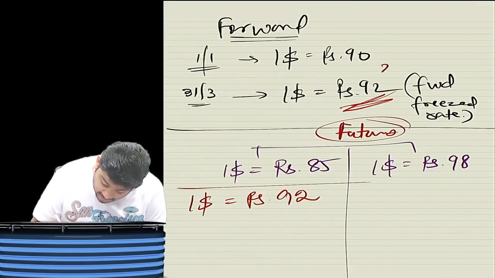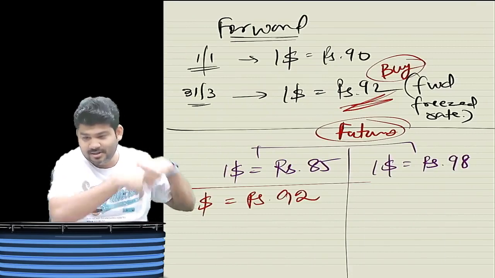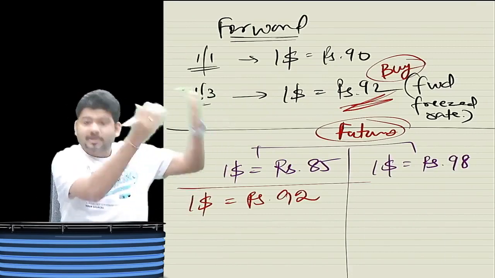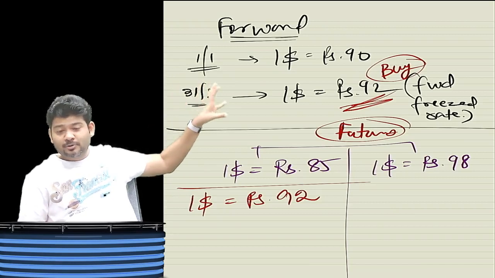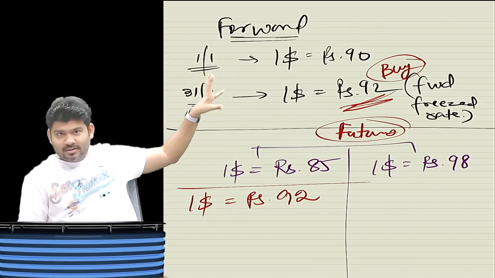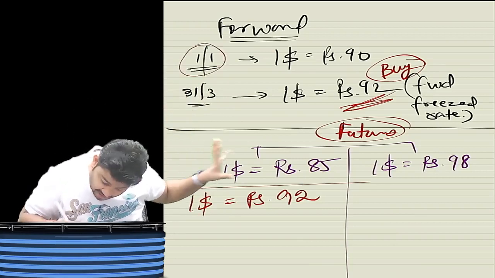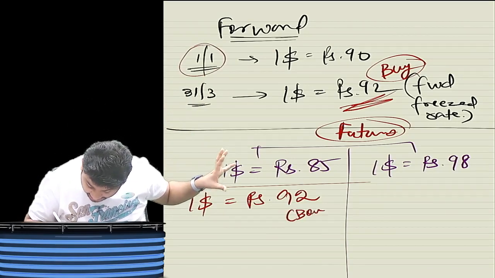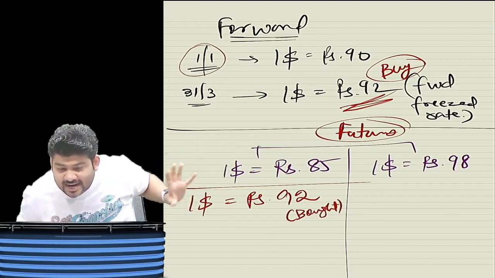Suppose you have bought because you are an importer, so you wanted to buy this dollar. Now you have bought $1 equal to rupees 92. Instead of forward, you have entered into a future on 1st of Jan itself and you have bought it.